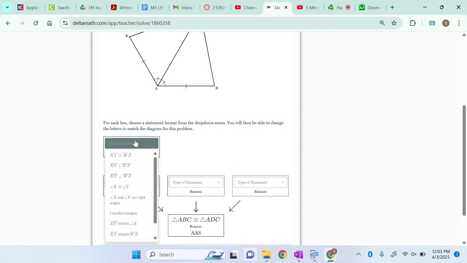So angle BAC is congruent to what angle? Make sure to state it including the corresponding. So where do you start for the corresponding with BAC? If I start at B over here, that means corresponding of this triangle, I start at which letter? D. DAC. So we're going to say angle BAC is congruent to DAC.